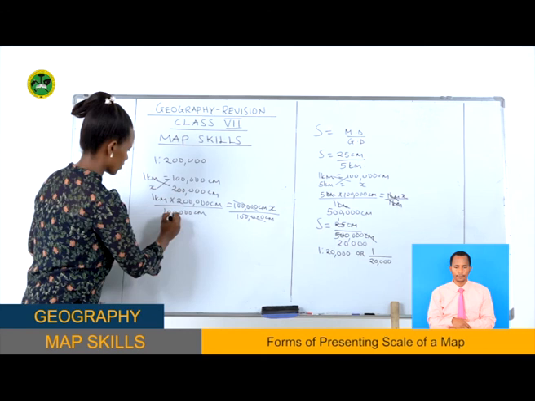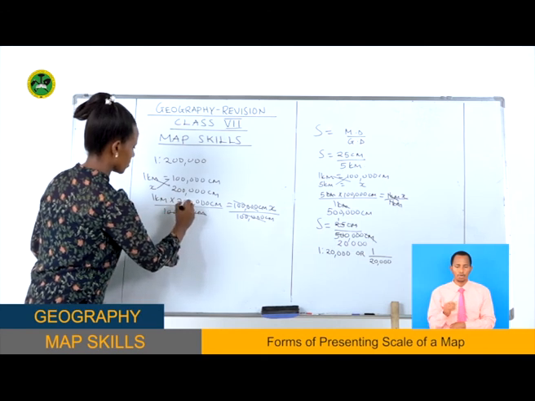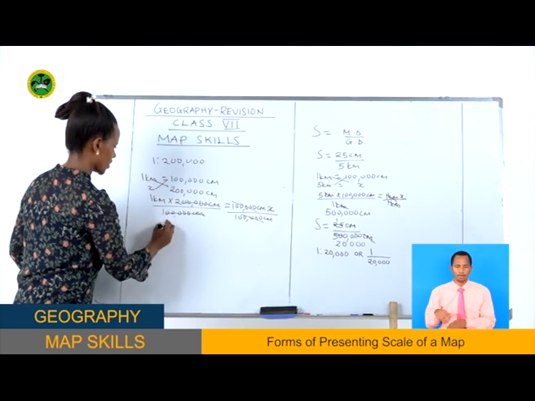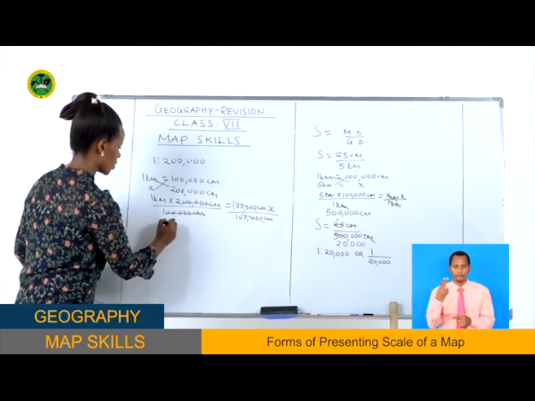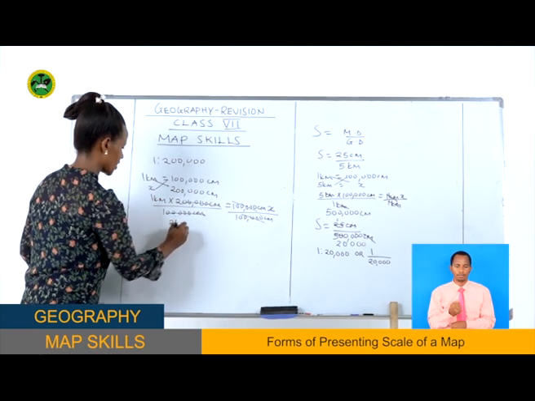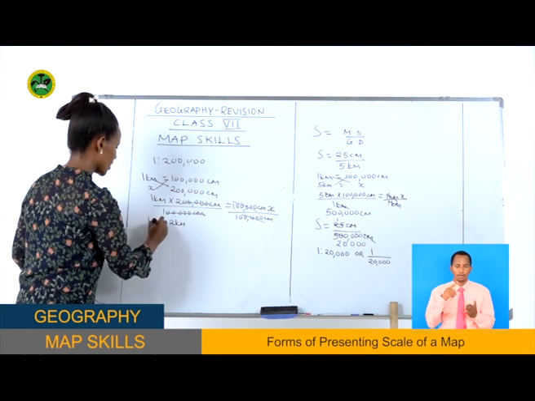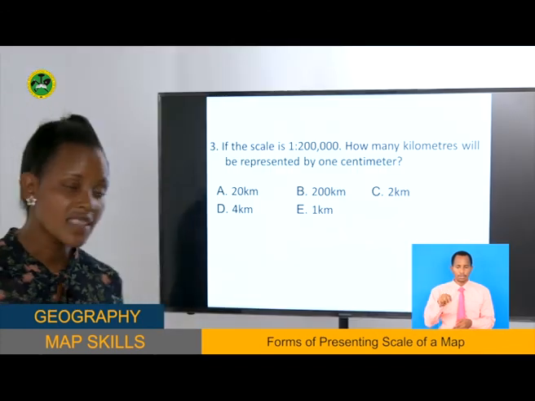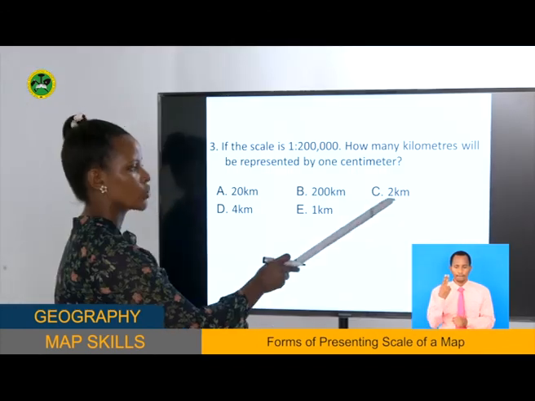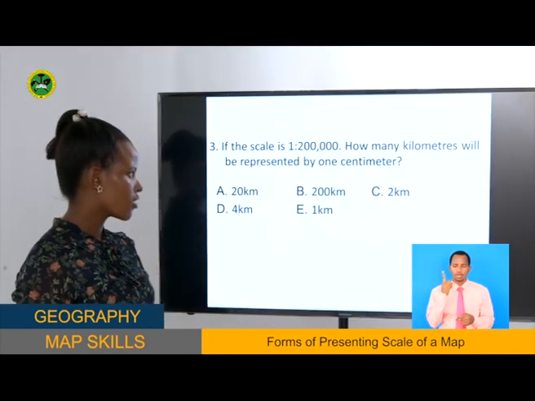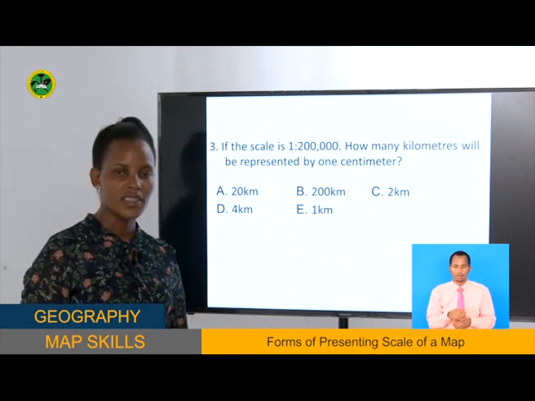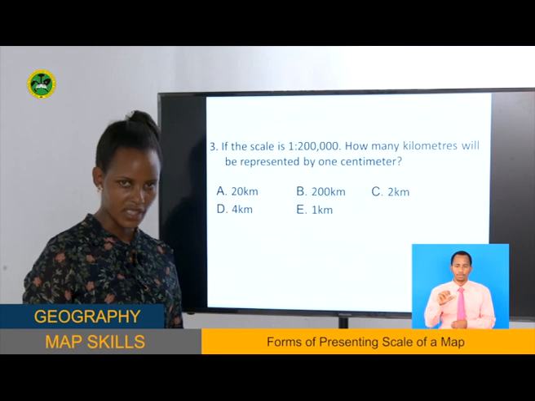Then count 5 zeros with centimeter, 5 zeros with centimeter. We remain with 1 times 2, we get 1 kilometer times 2, you get 2 kilometers. That means 1 centimeter represents 2 kilometers. The answer for our question is 2 kilometers. From the scale given, 1 centimeter represents 2 kilometers.